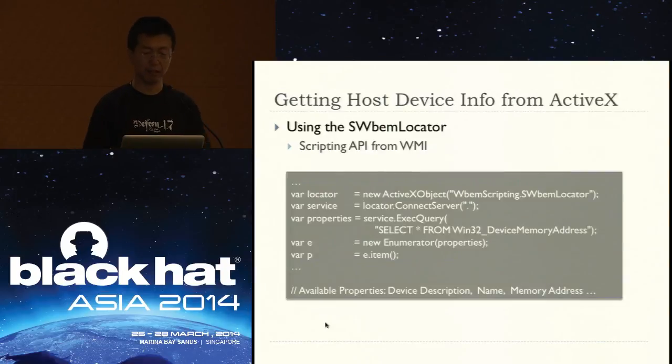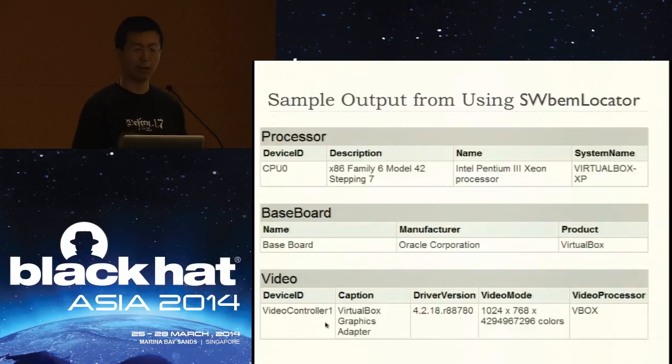Here's one script we wrote to deal with this. It's basically just a new WBEM object, and from there you can do a query to say, give me information about this device, the underlying OS, and how it views the system. I only show you part of the script, but that's probably the most important part to initiate, and then you can enumerate the items. Here's a sample output from our server side.